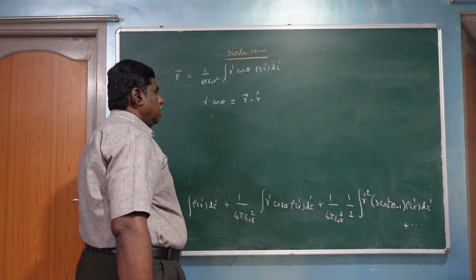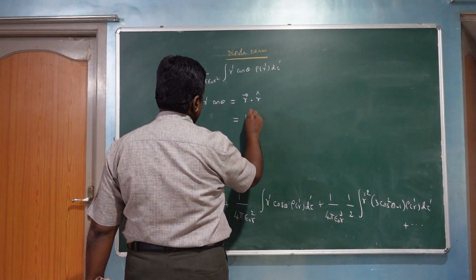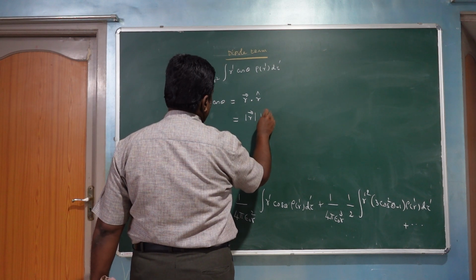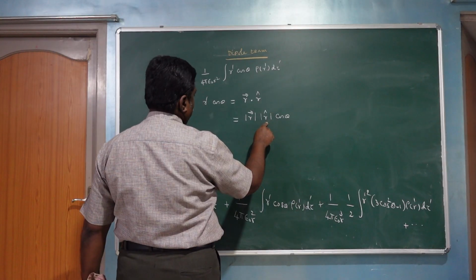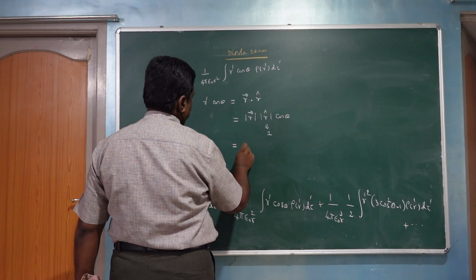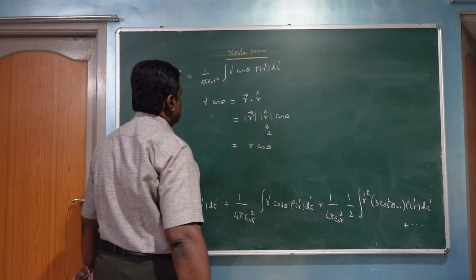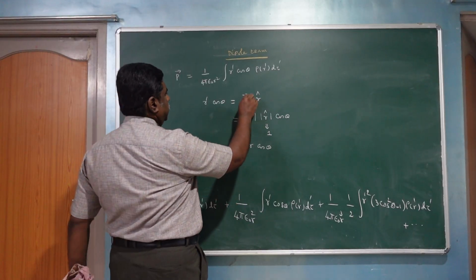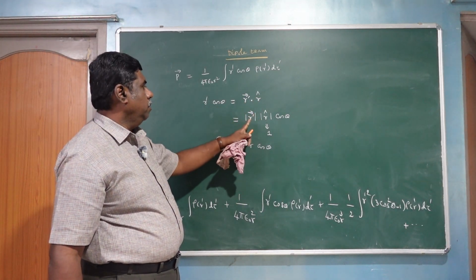We know that a dot b equals ab cos theta, so we may write modulus of r dash, modulus of r cap into cos theta.